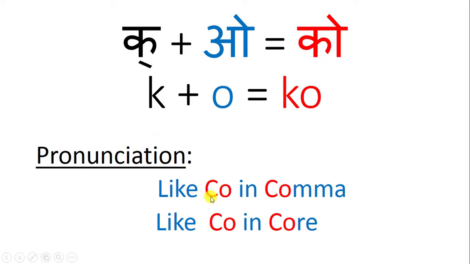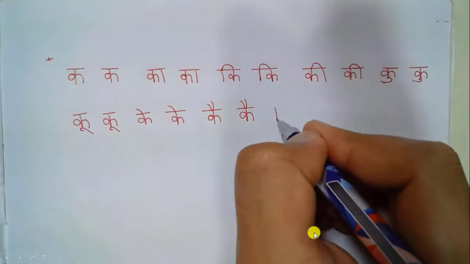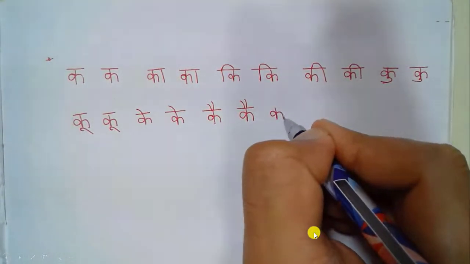You pronounce it like CO in comma, and like CO in core. Right? And you write it like this.